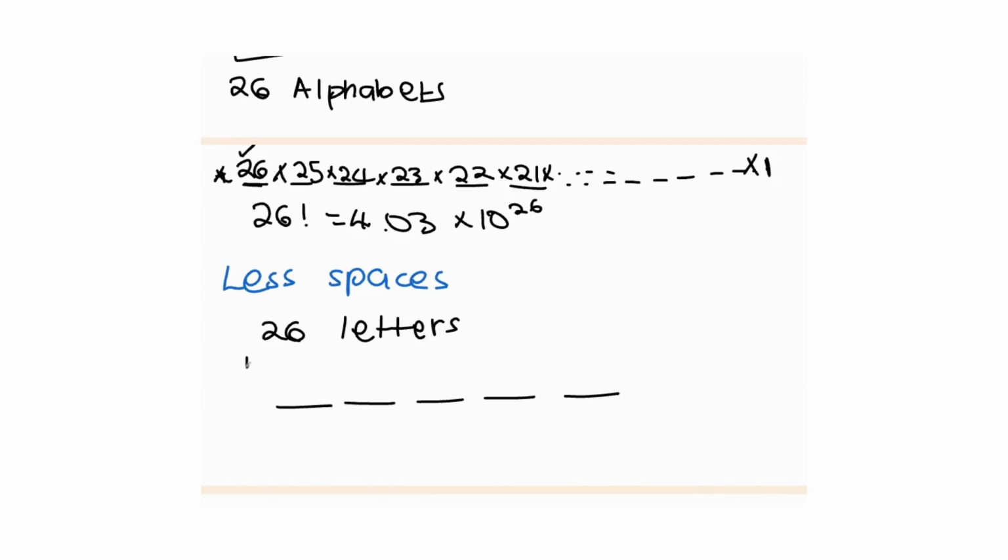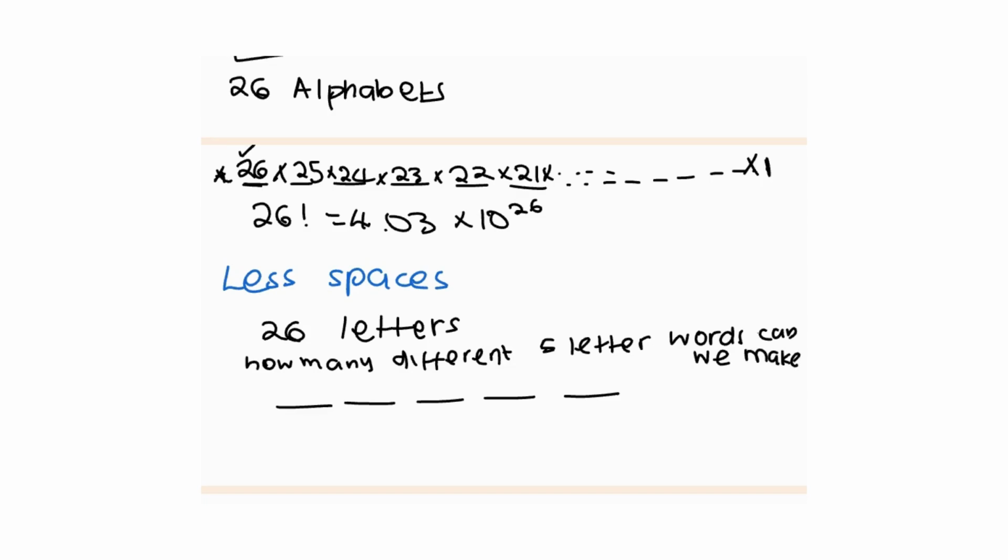Let me just write that. How many different 5-letter words can we make? You see now I have 26, but I'm only making 5 spaces. I have 26 letters in total. I'm choosing from 26, but I want to fill only 5 spaces.